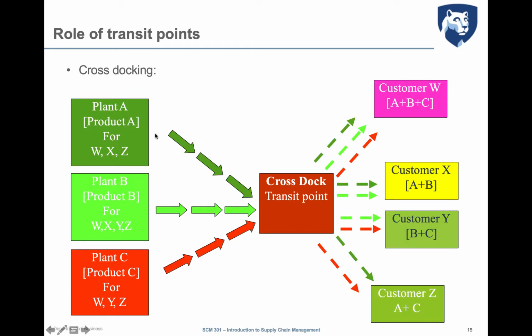Or they can do both operations, and that is called cross-docking. Basically, a huge variety of products is received from different warehouses and plants spread all over, and in the regional transit point, these heterogeneous lots are dismantled and rebuilt in order to match the variety requested by the different customers in the final market.